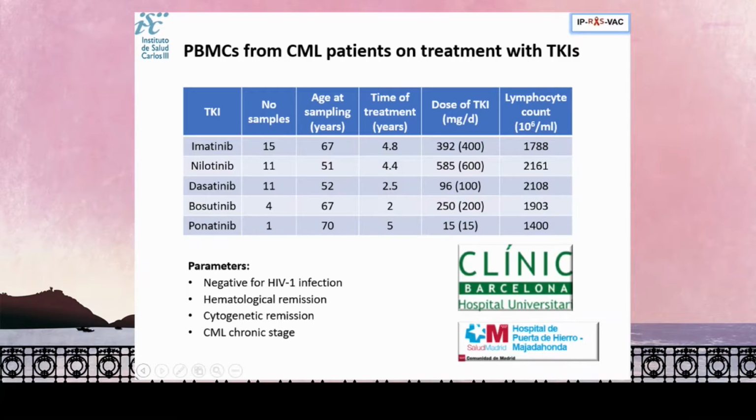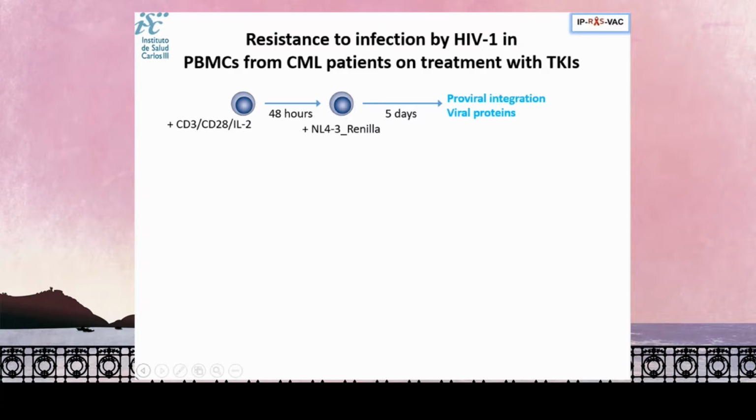They were all healthy, in hematological remission, and in a chronic stage. The median time of treatment with these tyrosine kinase inhibitors was longer than 2 years, and they had no immune deficiency.